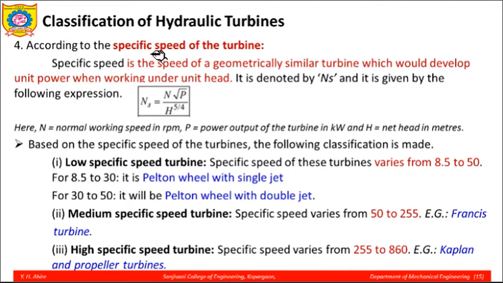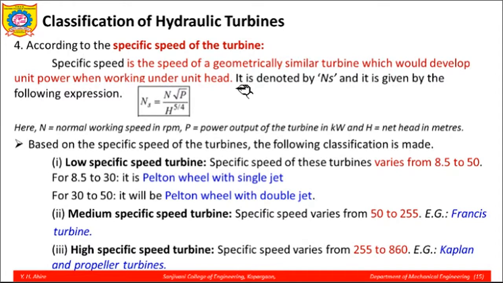Okay. Next is classification according to the specific speed of the turbine. Now specific speed is the speed of a geometrically similar turbine which would develop unit power when working under a head of 1 meter, when working under unit head.